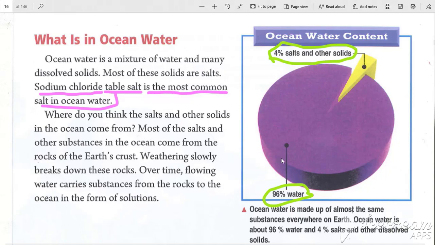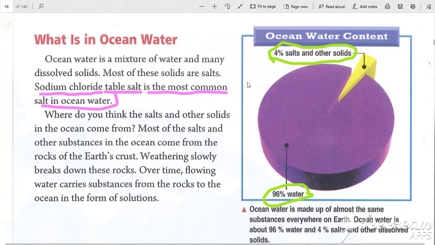You know that, students, the ocean is made up of water and salts and other dissolved solids. About 96% of ocean water is water, and about 4% is made up of salts and other solids.